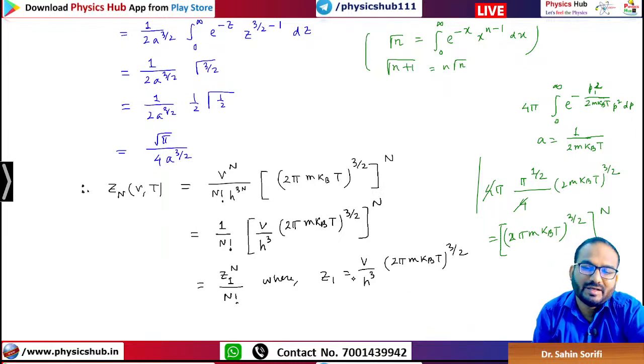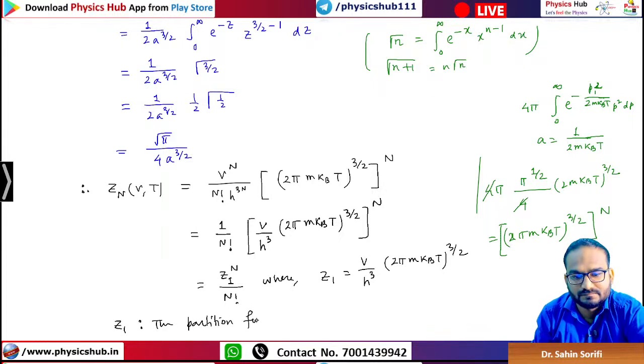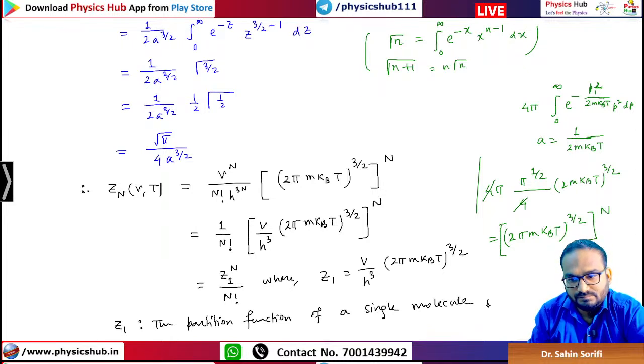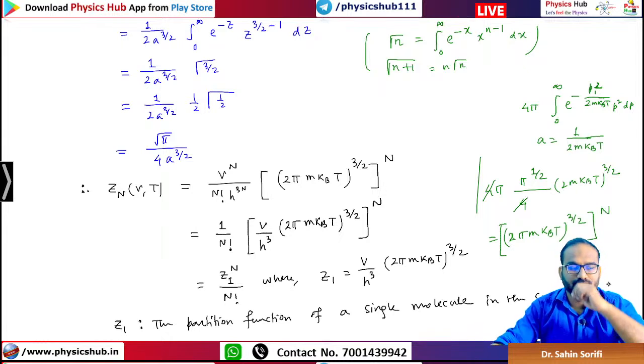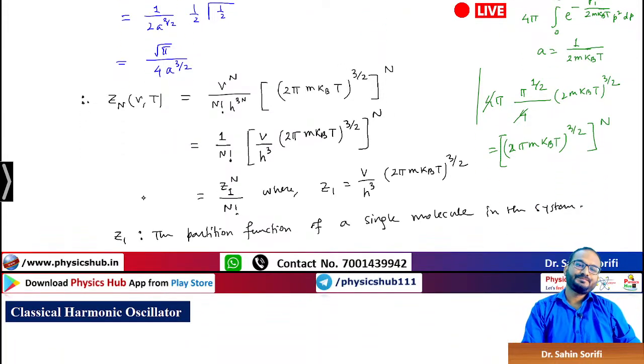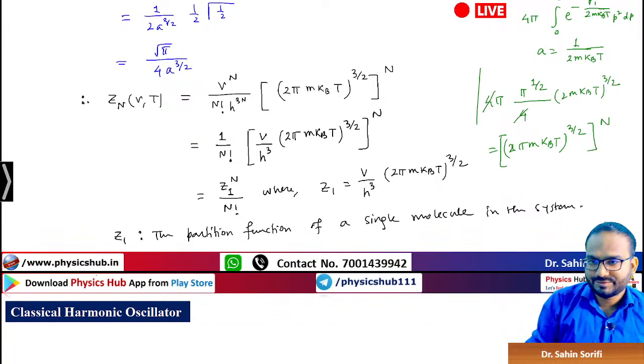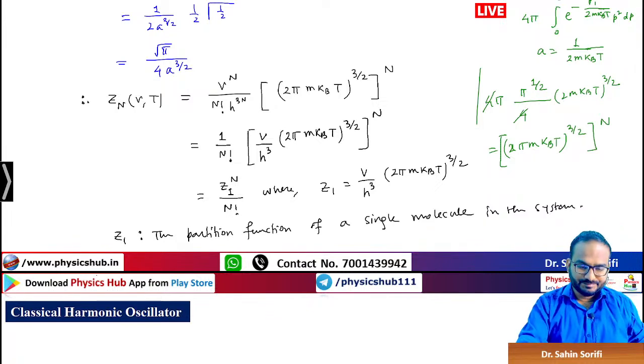So this is the partition function for a single particle, a single molecule. Z1 is the partition function of a single molecule, and Zn is the partition function for n number of molecules.